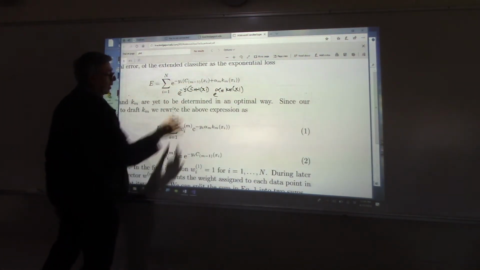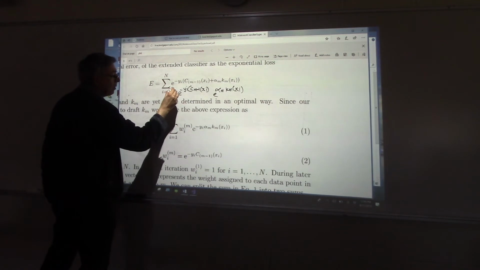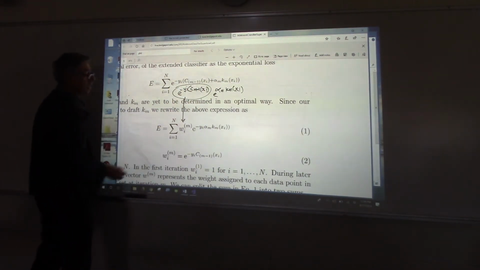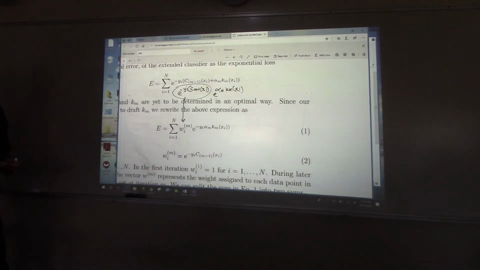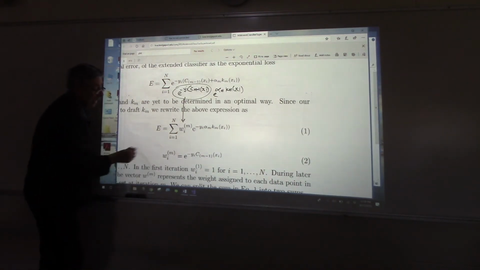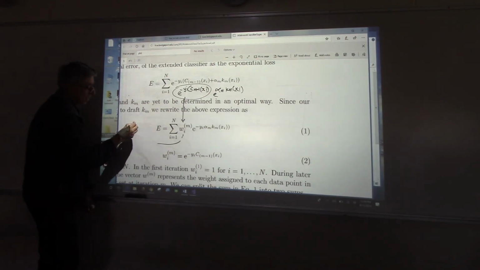Yeah. So if we now take this part and call this wi of m, so i is once again varying from what? The number of data points, right?